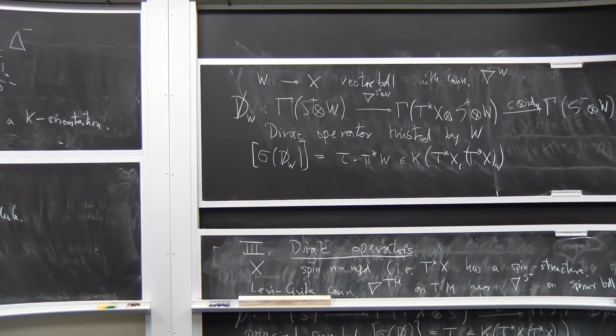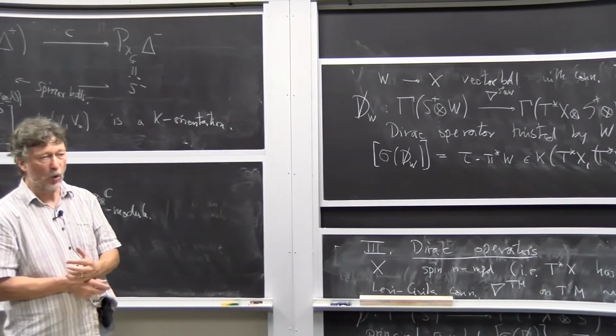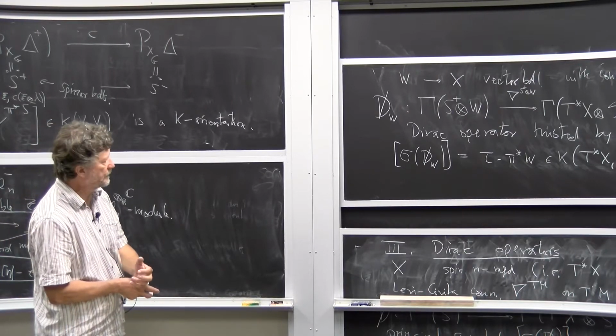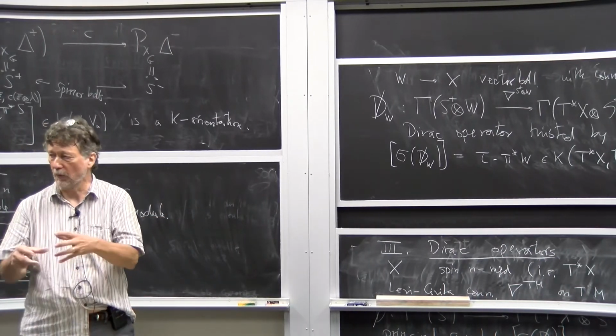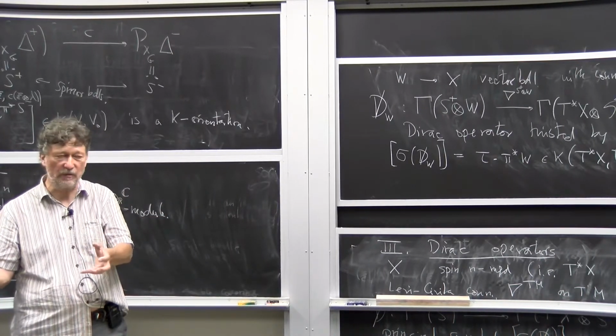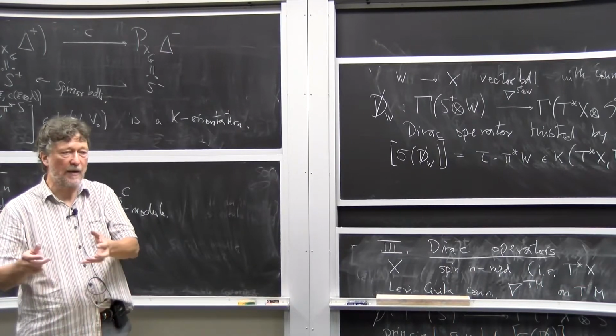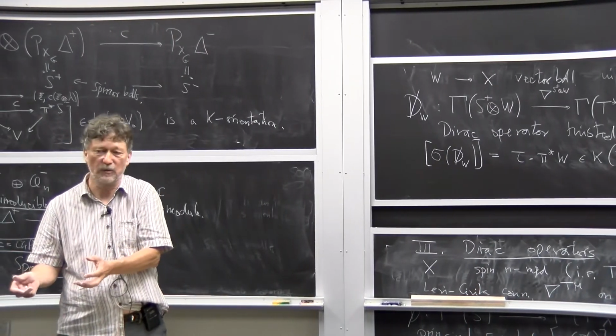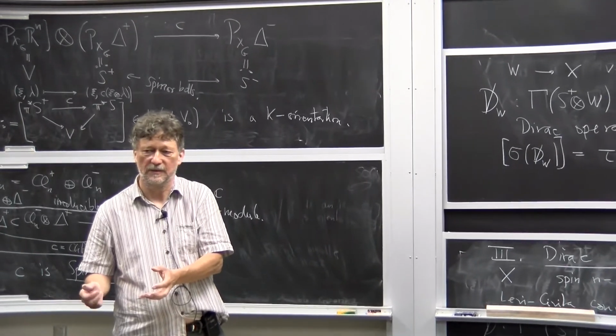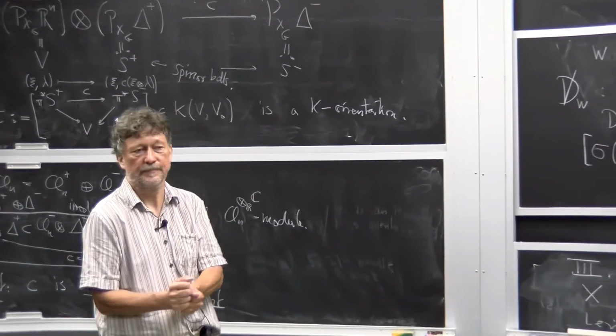So that's why in the next and last lecture I will talk about only what is the index for twisted Dirac operators, and I will write down an explicit formula in terms of the A-hat genus and the Chern character of the bundle we're twisting by. Any questions?